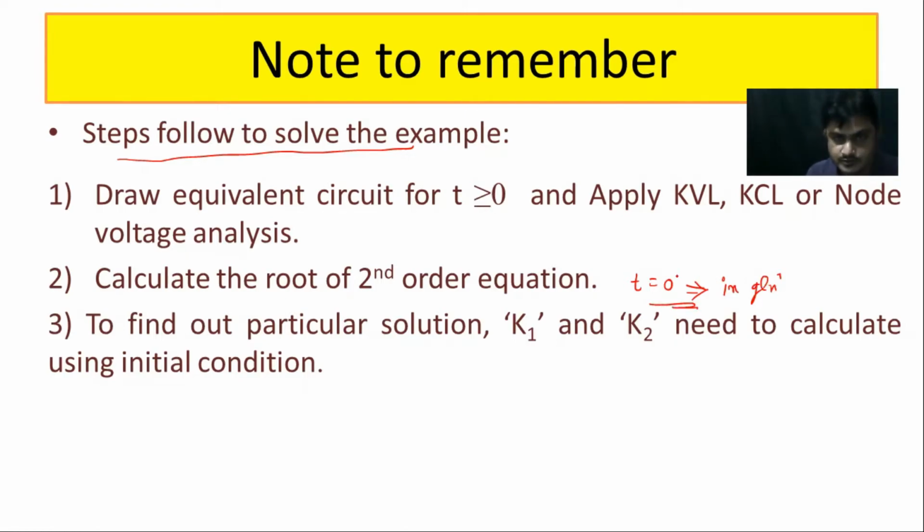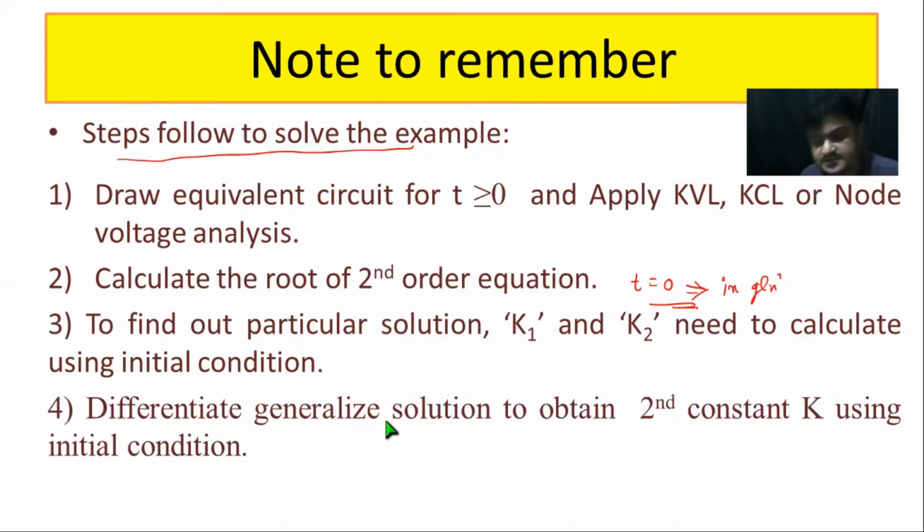Here also we will do the same thing, but now we obtain only one equation and one unknown. How do we calculate the second unknown? We will differentiate our generalized solution, and we can obtain our second constant K by again using the initial condition. So let us say we are having one expression in terms of i, that is equal to something. Now we differentiate this equation, that is di by dt.